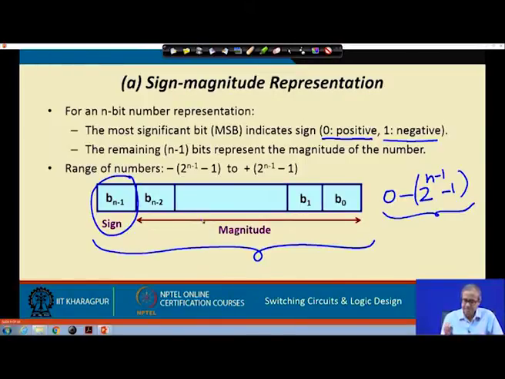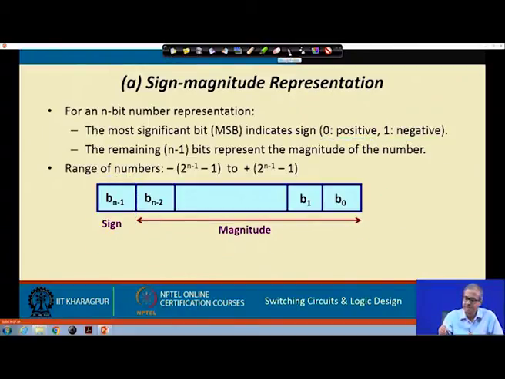So, in this representation the range of numbers can be, sign will indicate whether it is positive or negative, but the maximum magnitude can be 2 to the power n minus 1 minus 1. So, the smallest number will be this, the largest number will be this, right. This follows directly from the binary representation.